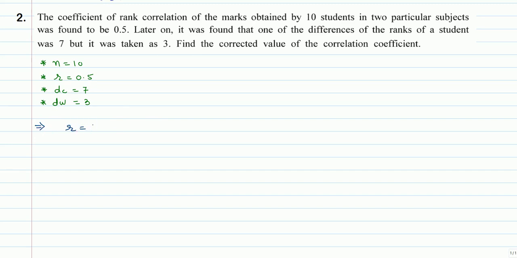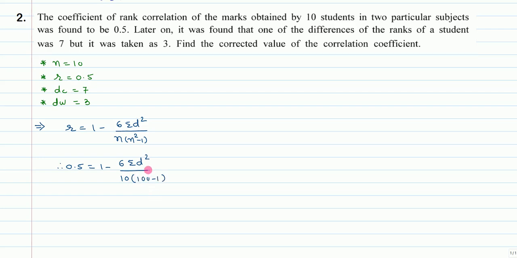Okay, see, for the solution first we have to find the correct value of D square. R is equal to 1 minus 6 sigma d square upon n of n square minus 1. R is given as 0.5, so 0.5 equal to 1 minus 6 sigma d square, which is not given, upon n is equal to 10 into 100 minus 1, since n square is 100.